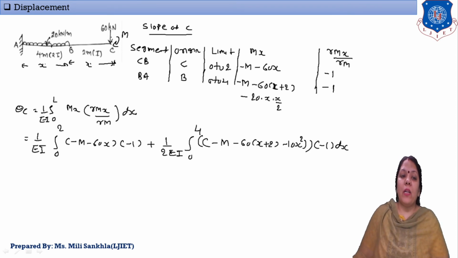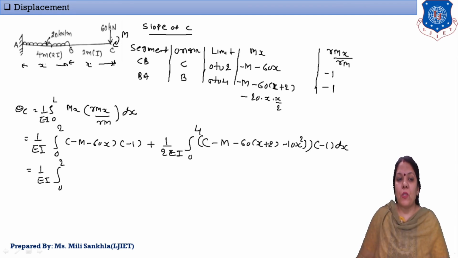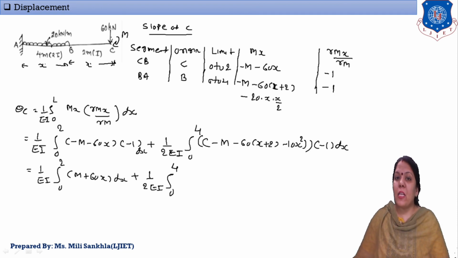Now one by one multiply this term, okay, 1 by EI, here limit of 0 to 2, minus minus plus, so right here m plus 60x into dx, okay, here add dx, plus second 1 by 2EI, then limit of 0 to 4, and minus minus plus, again right here m plus, directly multiply this 60x, 60 into 2 is 120, plus 120 and plus 10x square into dx.